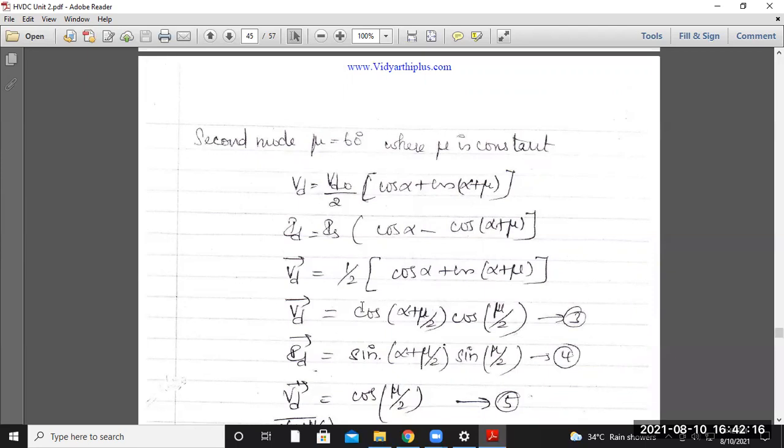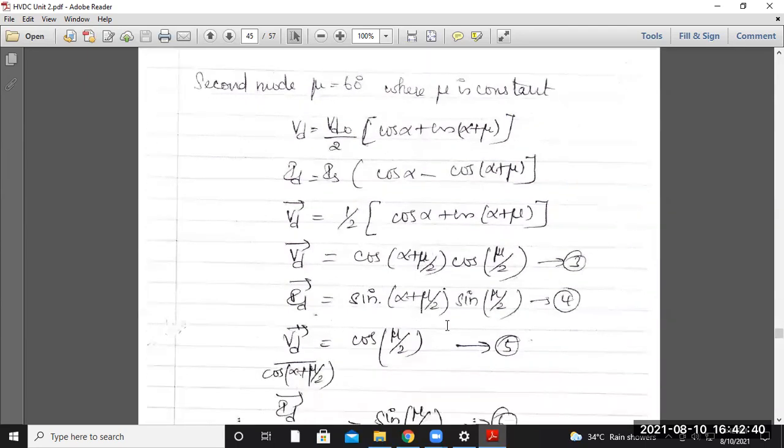So you will get cos of alpha plus mu divided by 2 into cos mu by 2. Here, alpha plus mu minus alpha will give you only mu. So you use cos A plus B and cos A minus B divided by 2, and accordingly equation 3 has been derived.